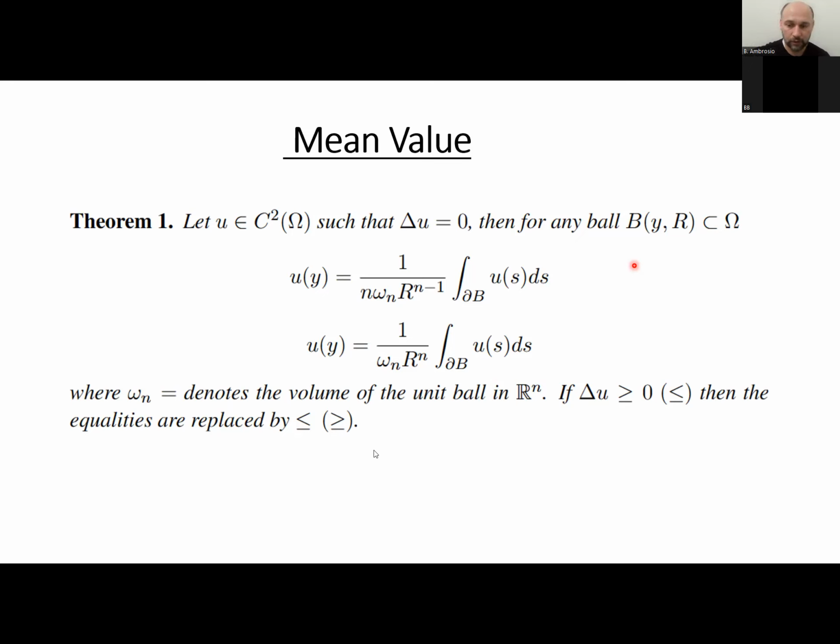We know that the Laplacian of u is non-negative. Since M is a constant, the Laplacian of M is 0. So also the Laplacian of u minus M is non-negative.